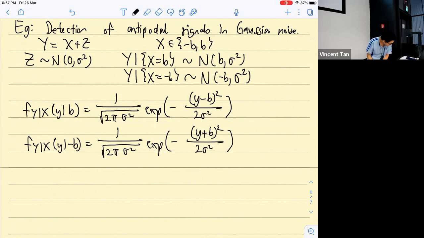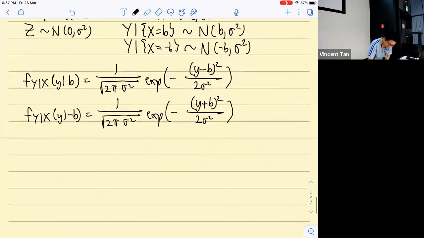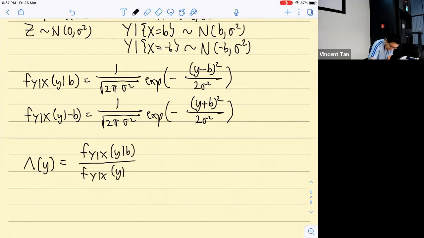Okay, so we can now form the likelihood ratio, which is lambda of y, is f of y given hypothesis 1 over f of y given hypothesis 0. Usually we put hypothesis 1 on top as a matter of convention, and hypothesis 0 at the bottom. Now, we notice first and foremost that this prefactor cancels.